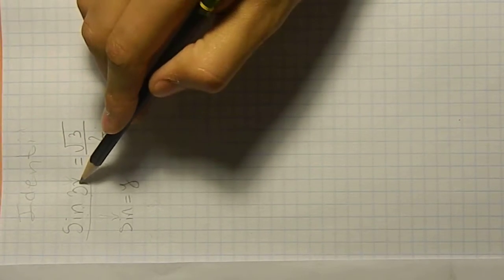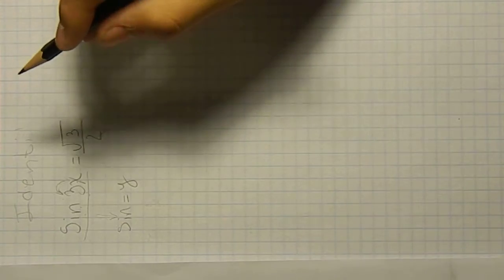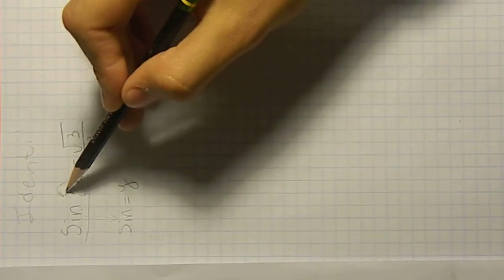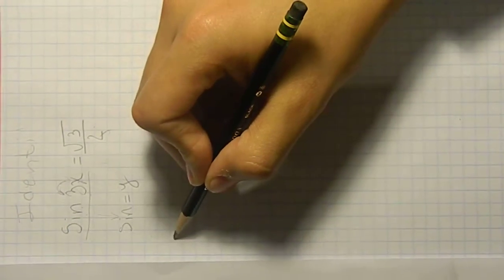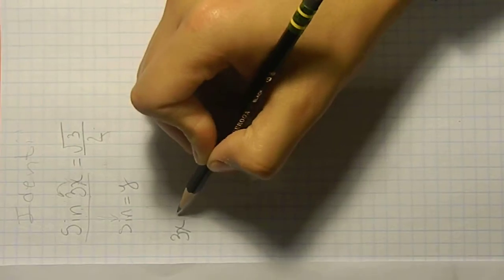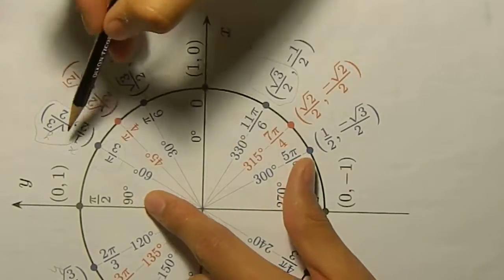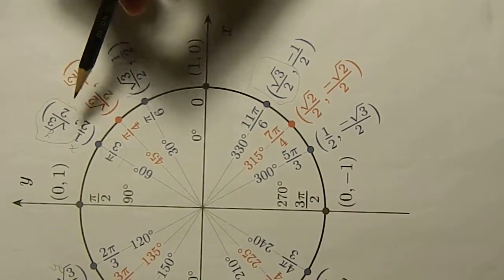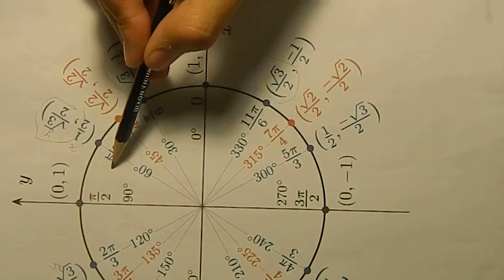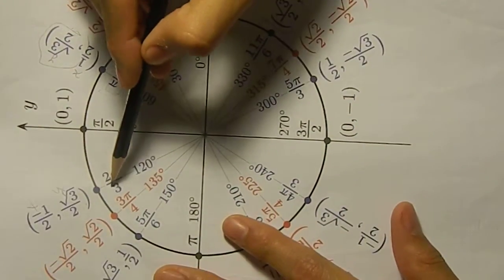In this case, our x is multiplied by 3, right? So to find the exact value because of this 3, we need to set an equation, and we say 3x equal to the value that we found that makes sine equal to square root of 3 divided by 2. So in this case we have two values, pi over 3 and 2 pi over 3.